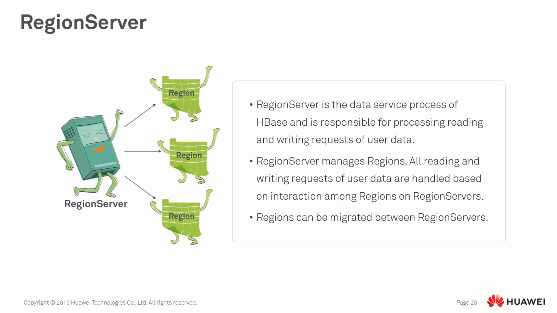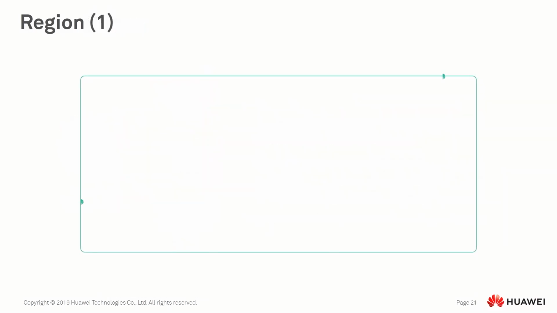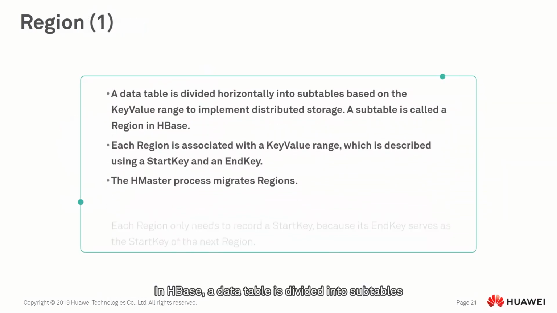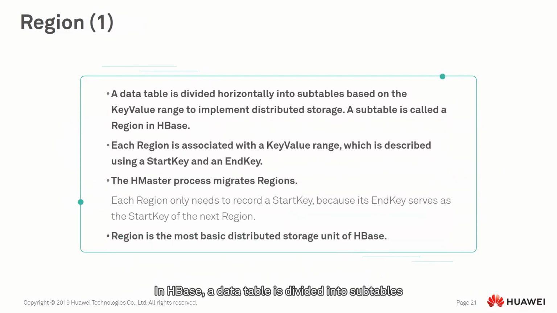In HBase, a data table is divided into subtables based on the range of key value to implement distributed storage. A subtable is called a region, which is the most basic distributed storage unit in HBase. Each region is associated with a key value range, which is described using a start key and an end key.